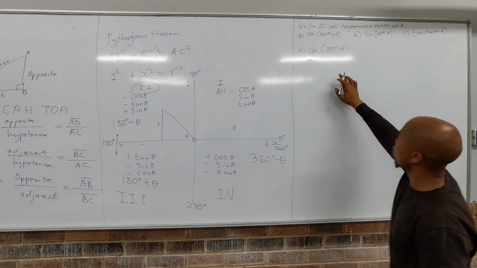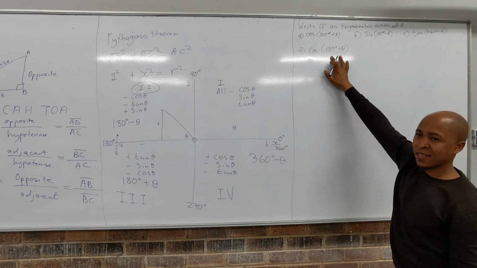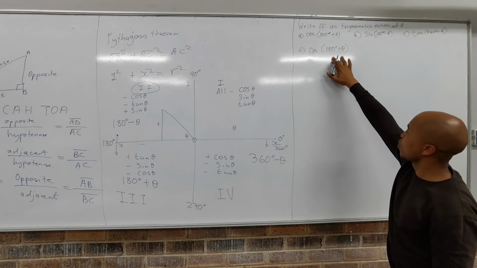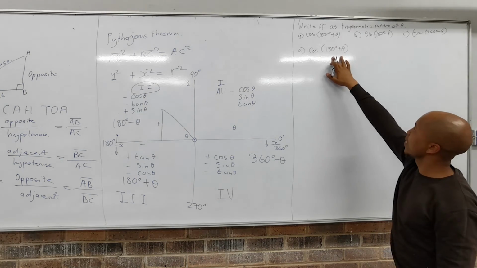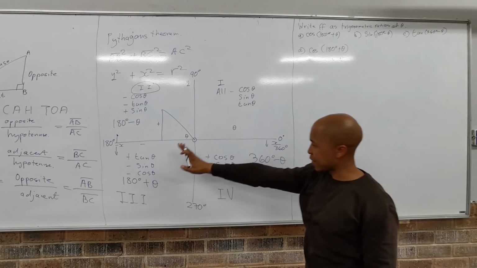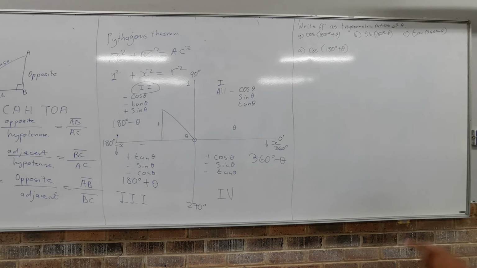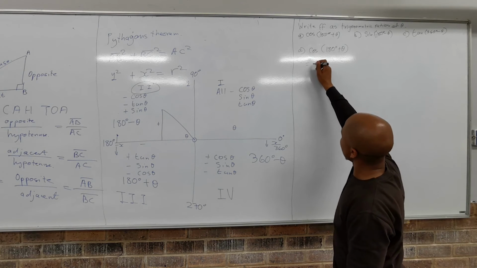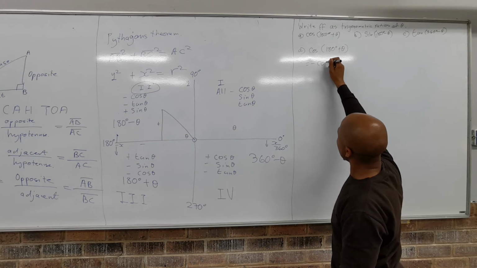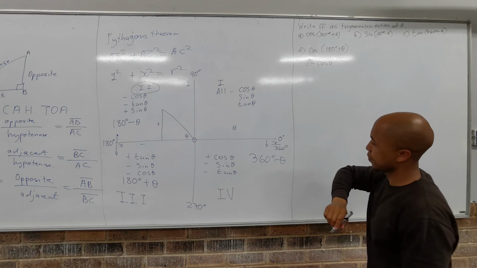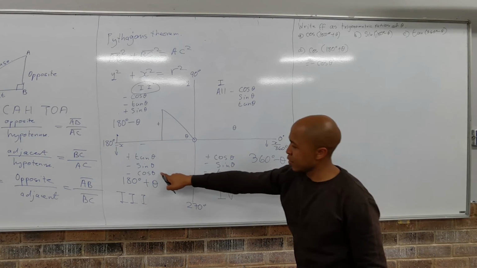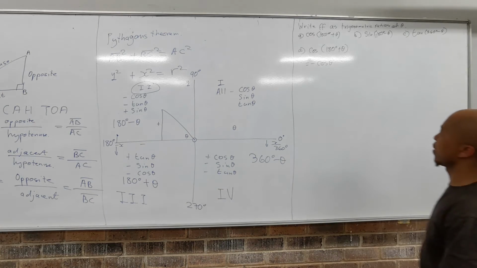The first thing that we do, we look at the reduction formula. In which quadrant is 180 plus? It is in the third quadrant. In the third quadrant, we only have tan as positive. So, this is equal to negative cos theta. Why? Because cos is negative in the third quadrant.